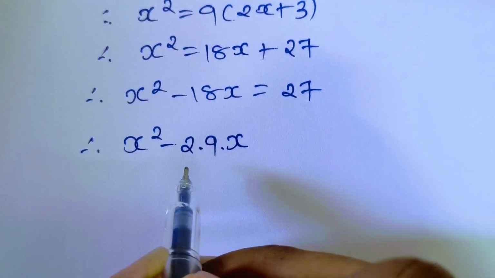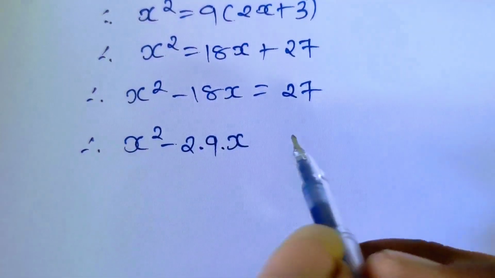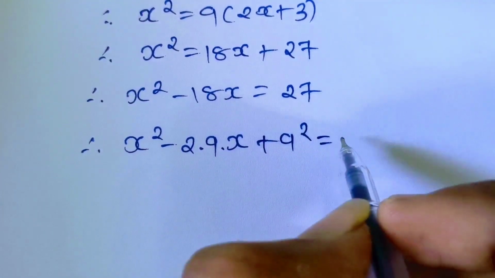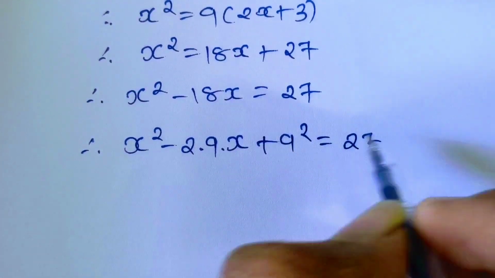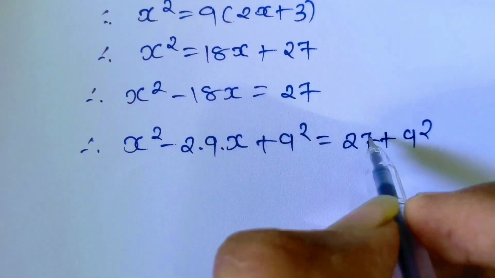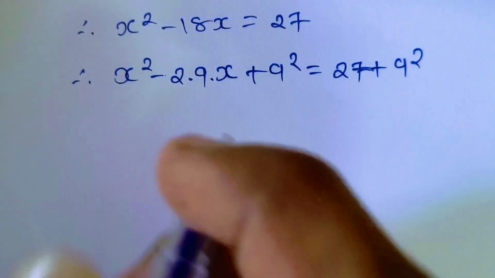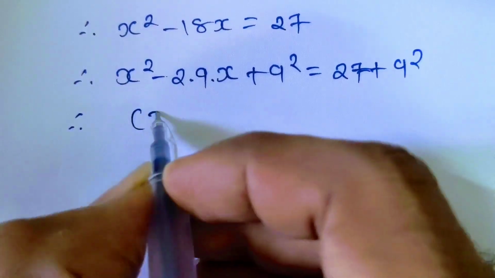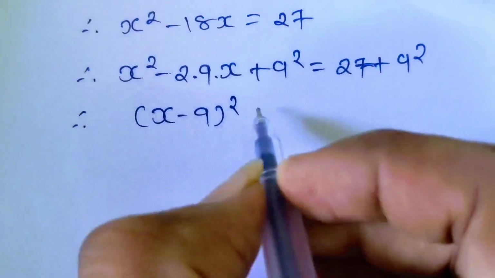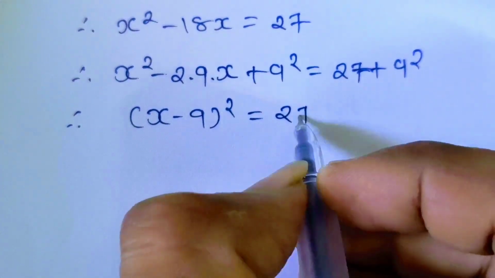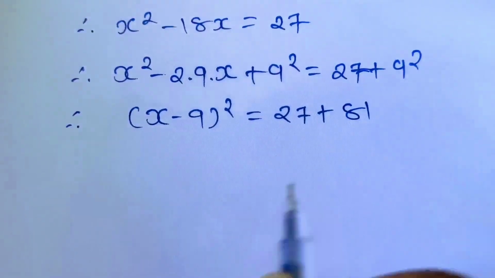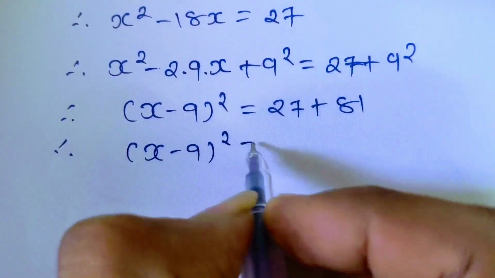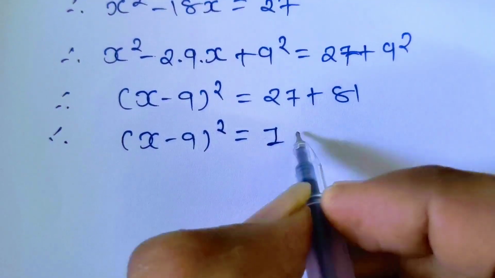To use the (a minus b) whole square formula, we need 9 squared, so add 9 squared on both sides. Now x minus 9 whole squared is equal to 27 plus 81, which is 108.